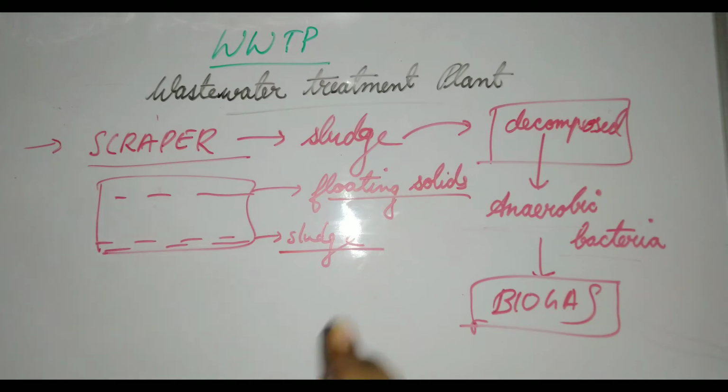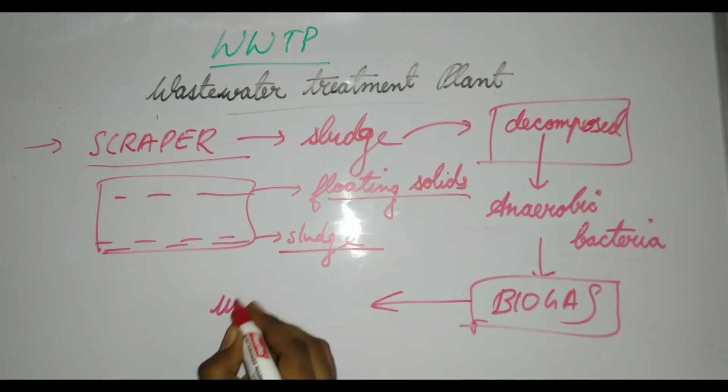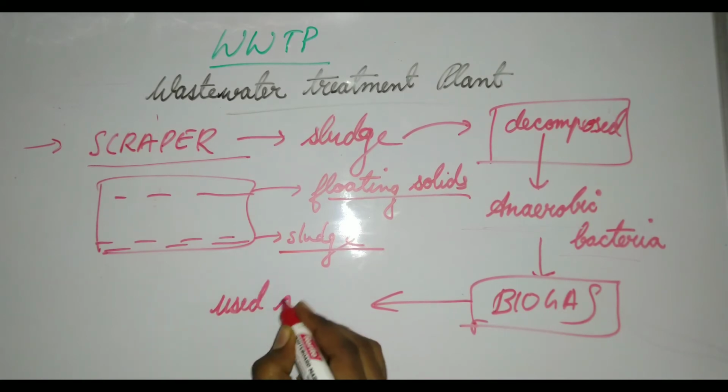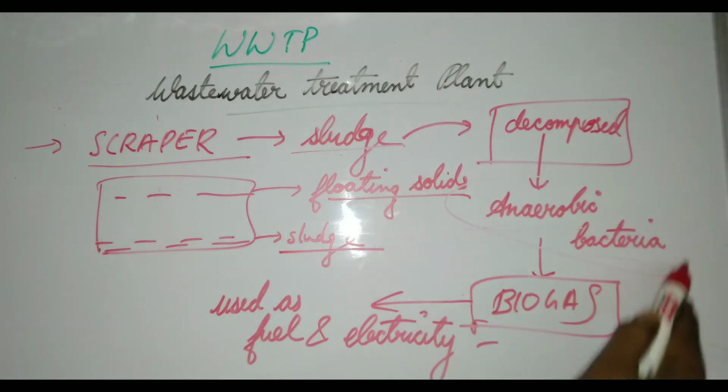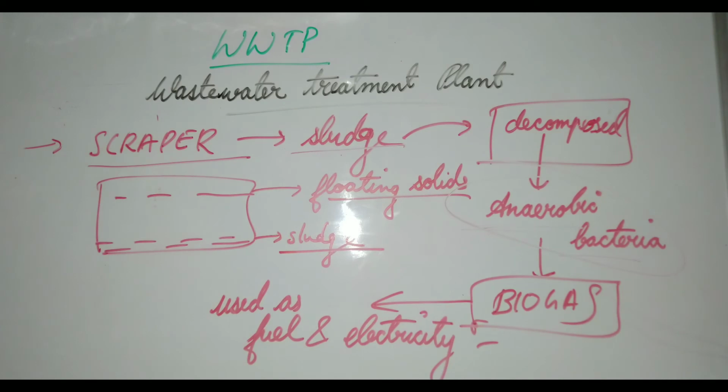Now the biogas produced can be used as fuel and even to produce what? Electricity. These are all the things you have to remember. So the sludge is not wasted, it is used and converted into biogas by using the anaerobic bacteria.